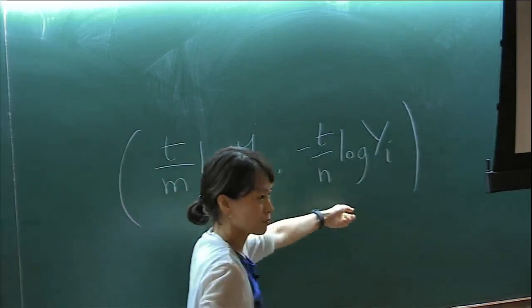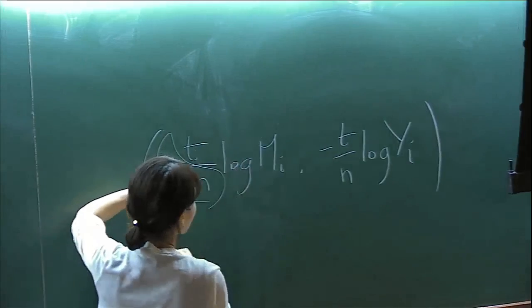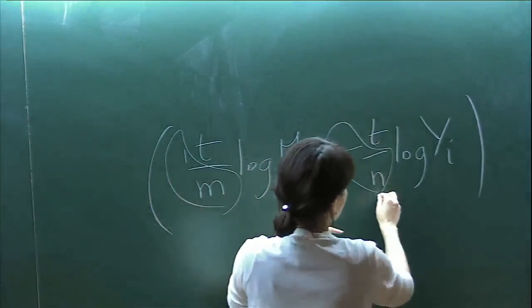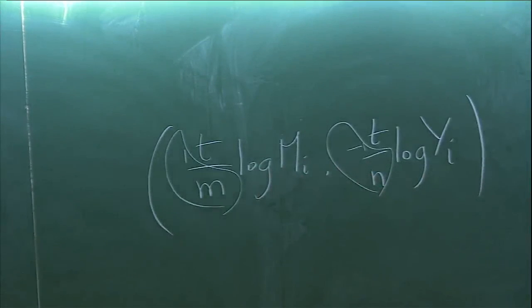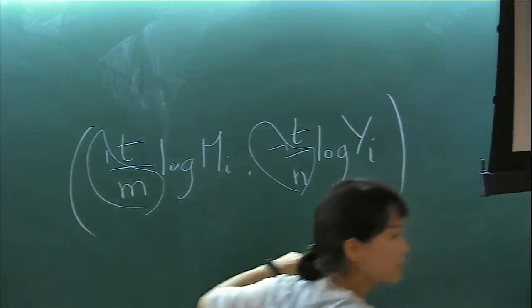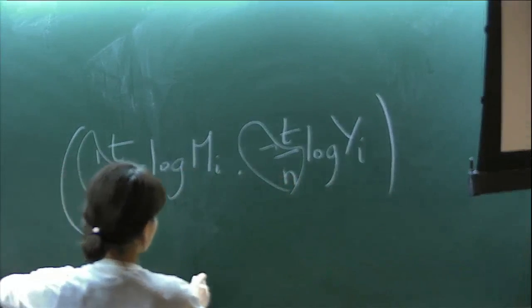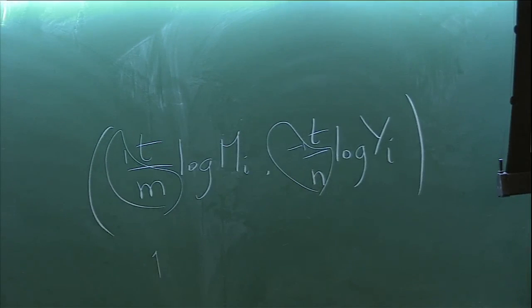So one of these two, the minimum of those. So we have either 1 over m or negative 1 over n. I'm drawing this picture for m equals 1 and n equals 2.